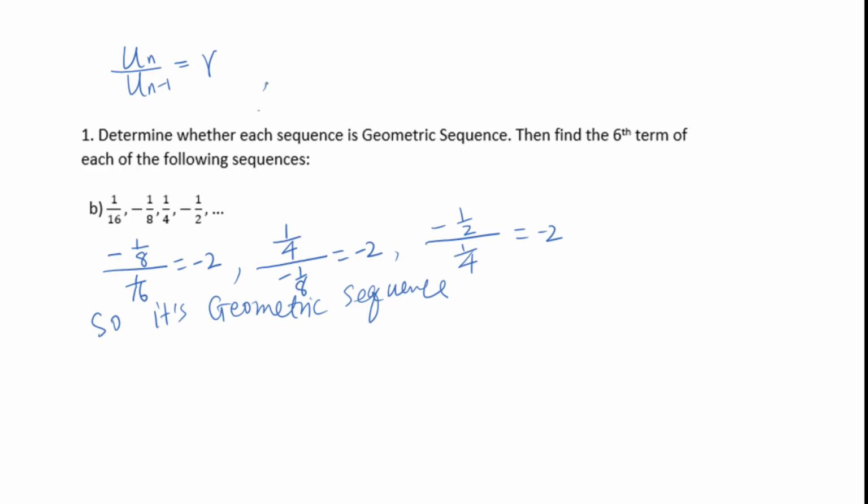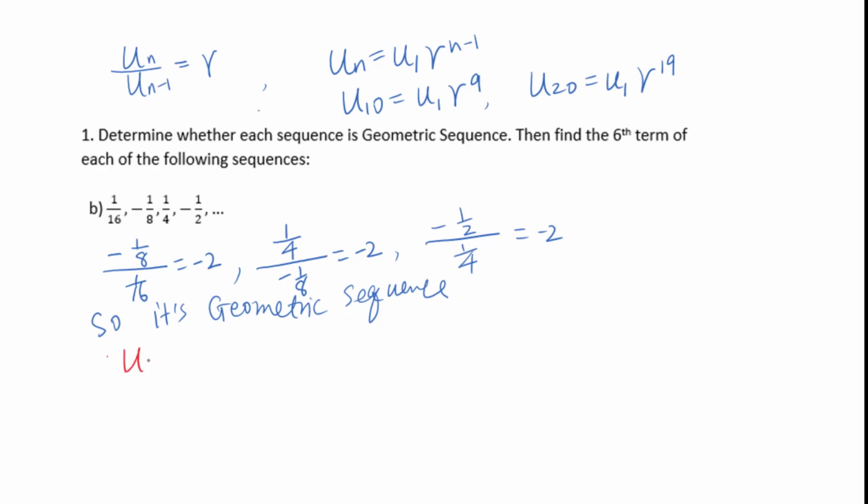For a geometric sequence, this is the general form: uₙ equals u₁ r to the n minus 1th power. According to this pattern, we could say u₁₀ equals u₁ r to the 9th power, u₂₀ equals u₁ times r to the 19th power.